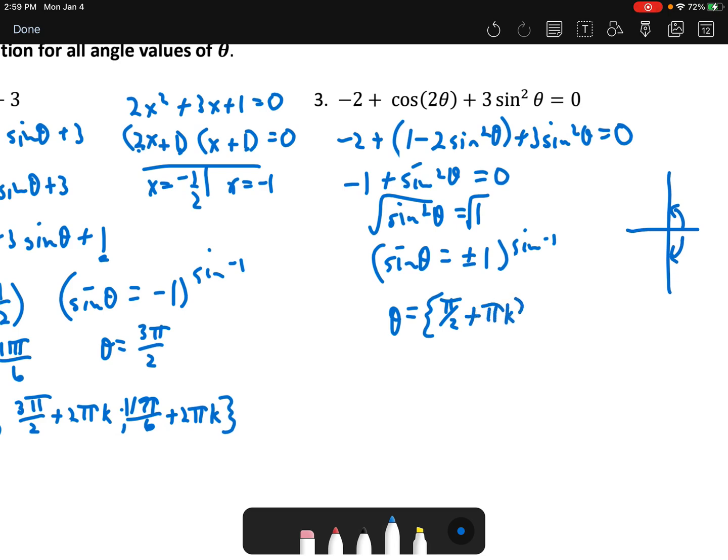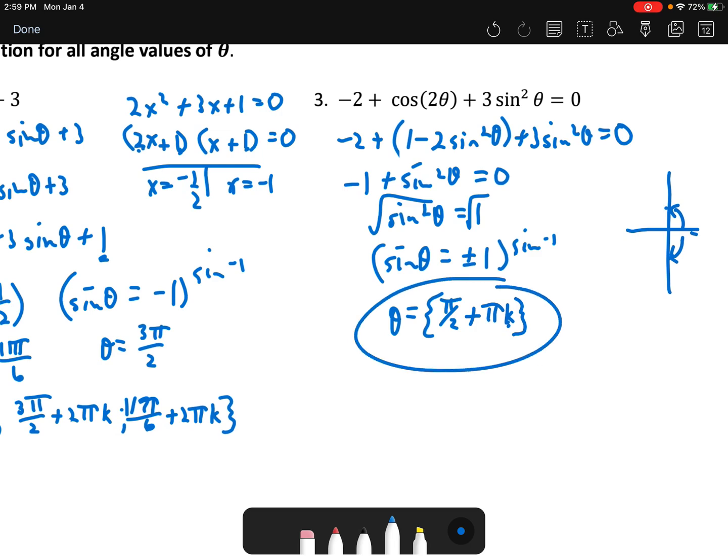So I literally can get every answer by just doing pi over 2 plus pi k. That gives me every single answer. Because if I put in 0 for k, 0 times pi is 0, I'd get pi over 2. Let's put a 1 in there. Pi plus pi over 2 gives me 3 pi over 2. Are you following this? See how we get every one of them as we go around the circle?